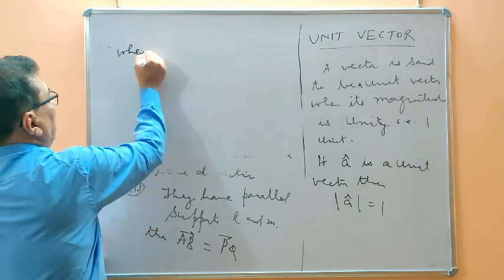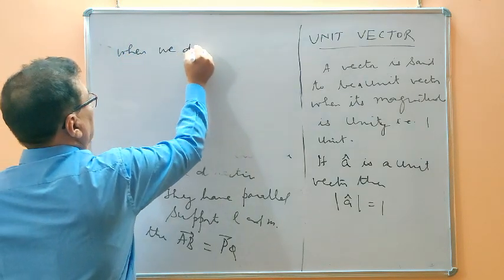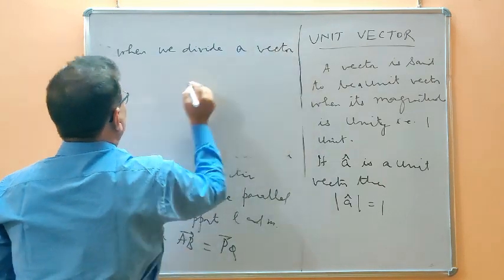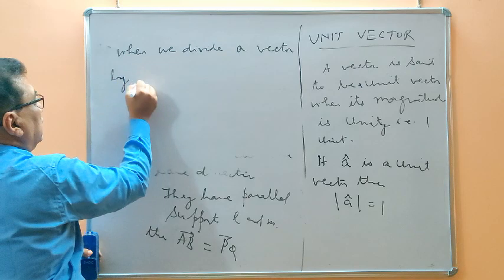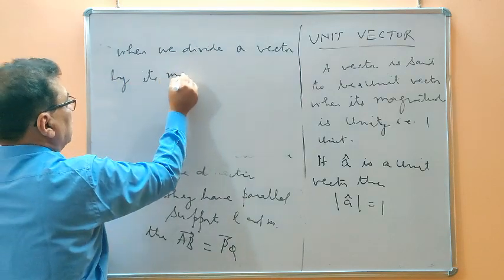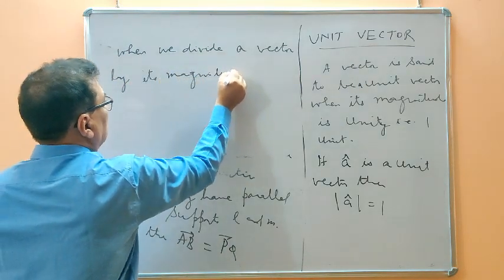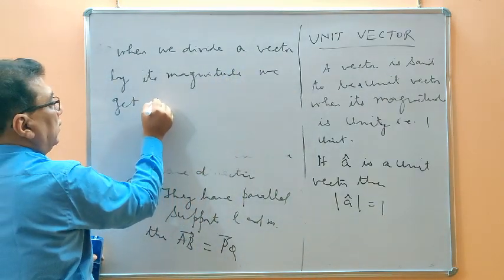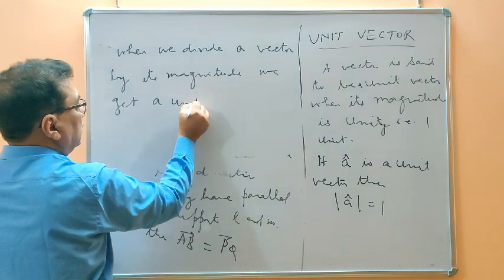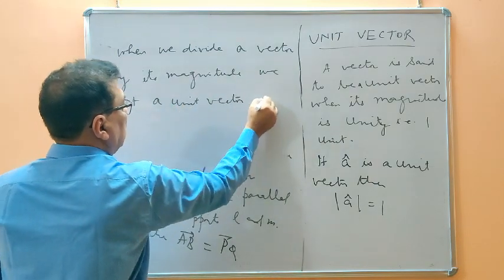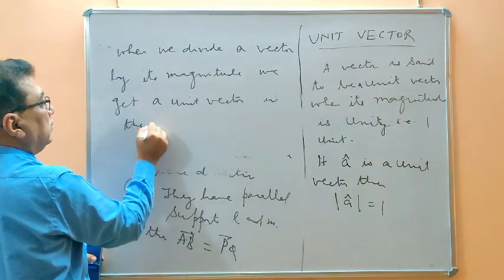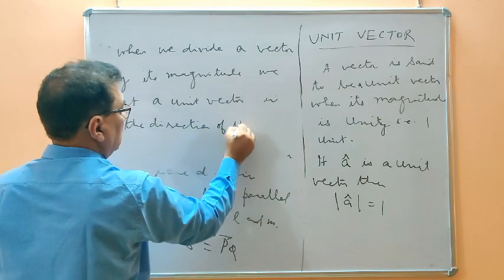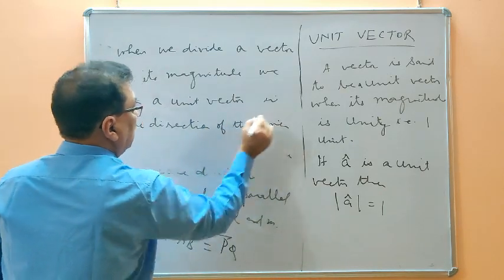When we divide a vector by its magnitude, we get a unit vector in the direction of the given vector.